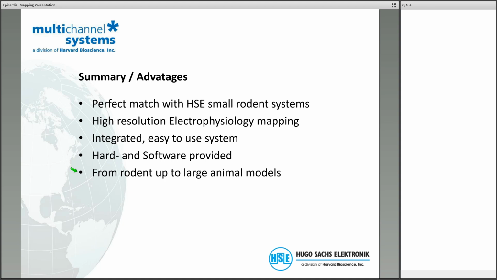What we did to evaluate that system, we worked with a small CRO next door at the Natural and Medical Sciences Institute. And what they usually did, they did their drug testing during the day for 5-6 hours. And then I got a call in the afternoon and they'd say, your heart is ready for recording. And then I continued recording for another 2 hours. So 5, 6, 7 hours is not a problem at all.